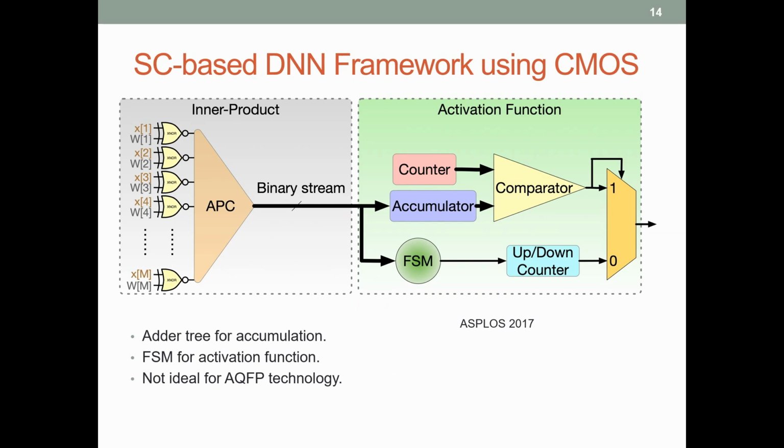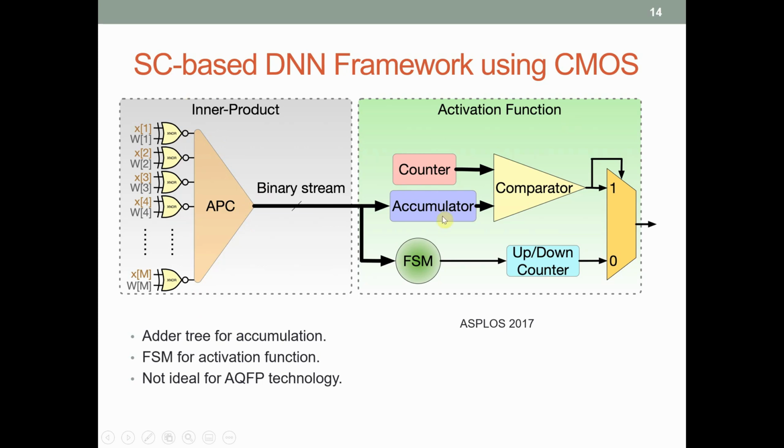In our previous work, in ASPLOS 2017, we developed a stochastic computing-based deep neural network acceleration framework using CMOS technology. Here, we use an inner product, and we designed a so-called approximate parallel counter, or APC, for the additions because it is more accurate compared with adder trees.